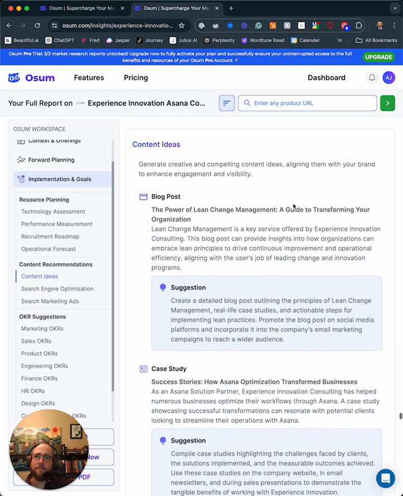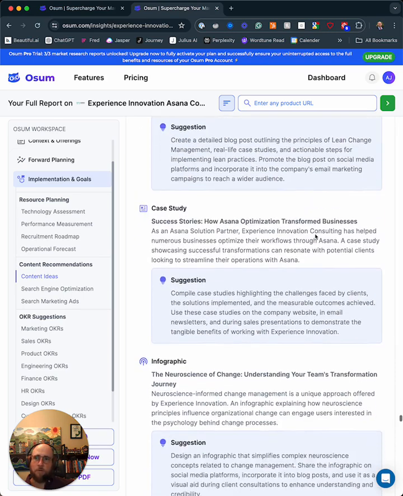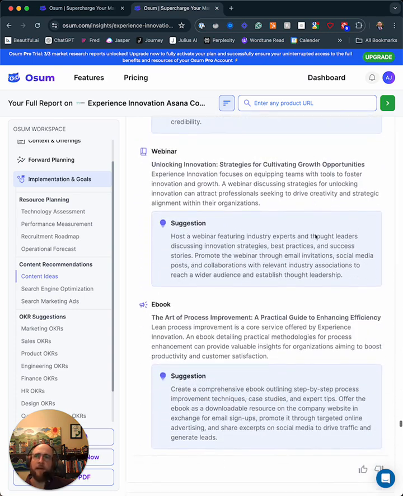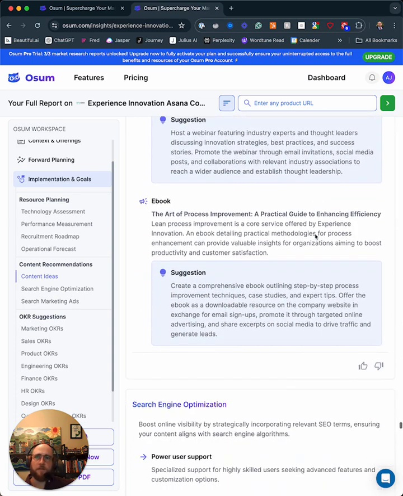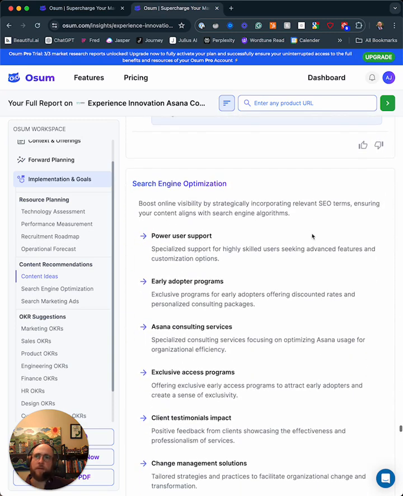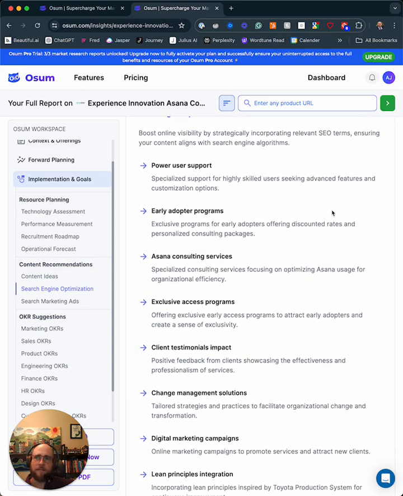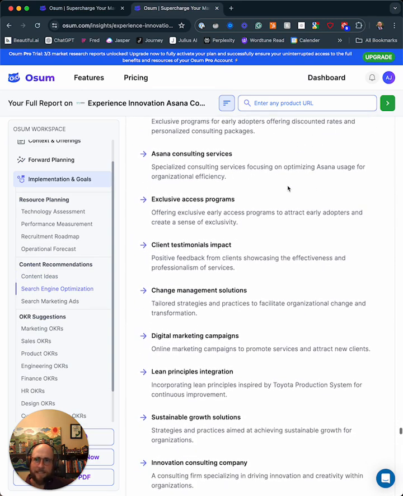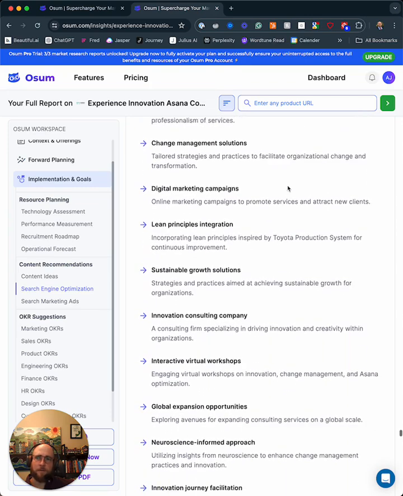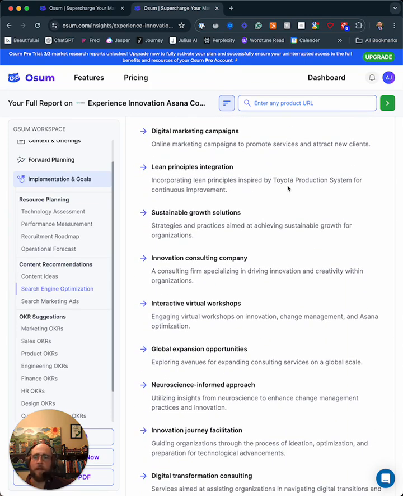I liked the fact that it provided blog posts, case studies, infographics, different opportunities for us to potentially go forward with, and then also looking at what are the different relevant SEO terms. I guess my question is, how did you get this list, and how, when can we reference that against what our organization's keywords are already?